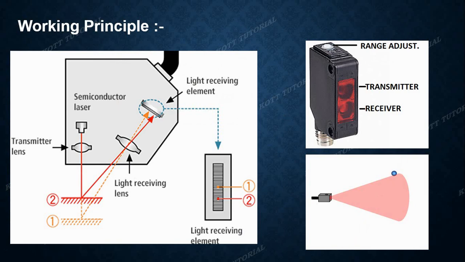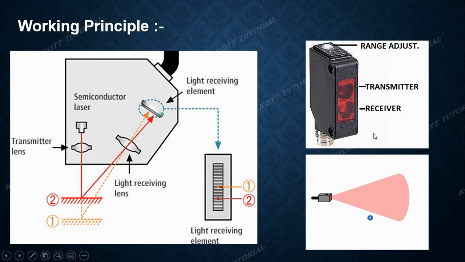Working principle. Before learning about the working principle, let us see a photoelectric sensor present here. A blue color object is passing through the range of the sensor. As it comes in front of it, it detects. So a standard photoelectric sensor is shown here. This is a basic model in which we can see a transmitter, a receiver, and an adjustable range.